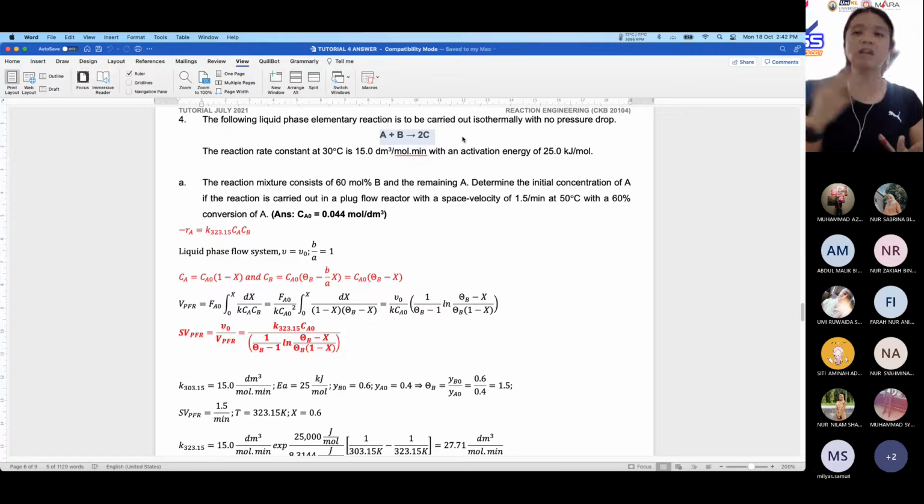But at the same time, we cannot avoid competing reactions that might produce our undesired product, the product we don't want, but it is produced because of multiple reactions. So one way we manipulate this is the concentration of our reactant or the mole fraction of our reactant. So that's why we do this: we want to maximize the reaction that we want.